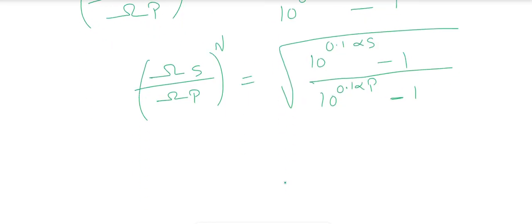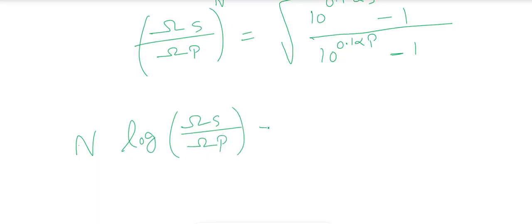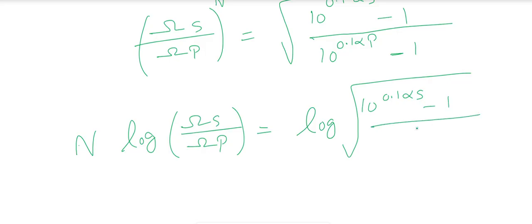So now, for n, you can take log on both sides: n log of omega s by omega p is equal to log of the square root of 10 to the power 0.1 alpha s minus 1 divided by 10 to the power 0.1 alpha p minus 1.